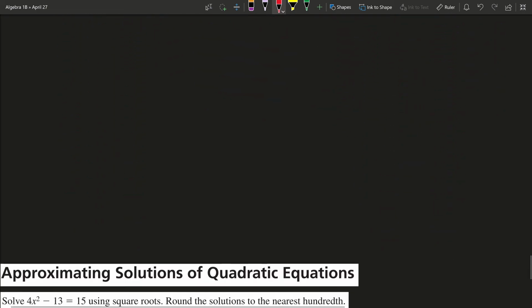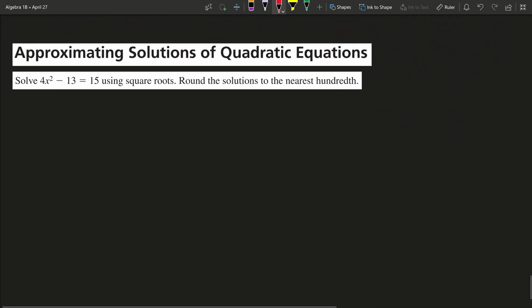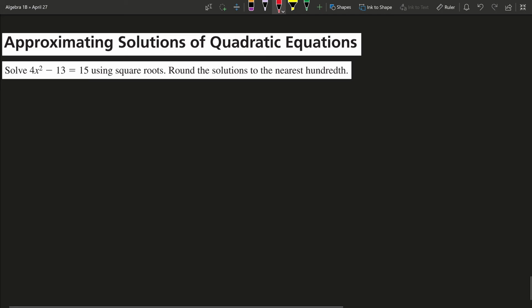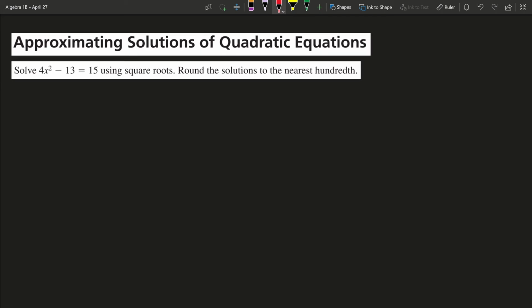All right, let's try another one. So approximating solutions of quadratic equations. Solve 4x squared minus 13 equals 15 using square roots and round the solutions to the nearest hundredth. So for this one, once again, you might have guessed this already.